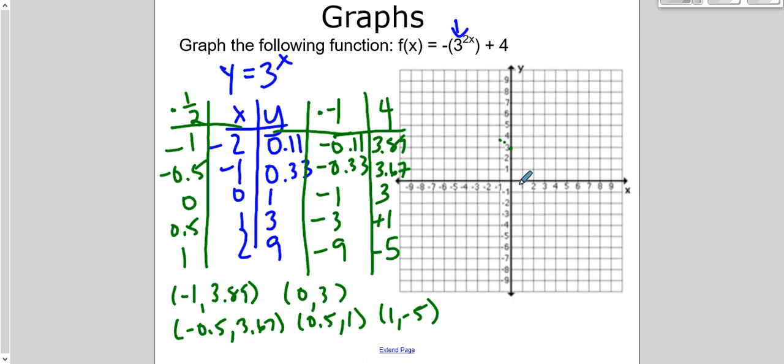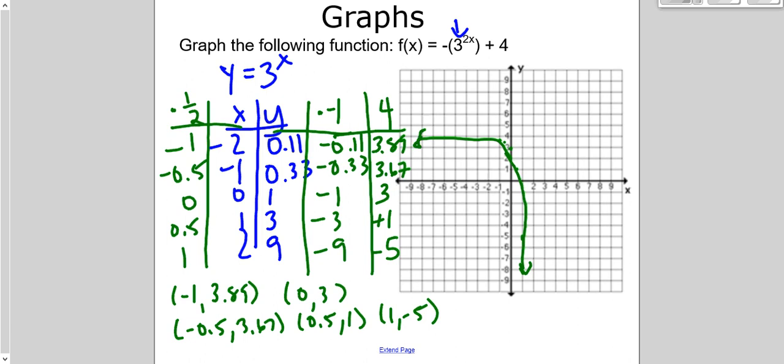And 0.5 and 1 is there. And 1 and -5 is down here. So it looks like what we have then is something like that.